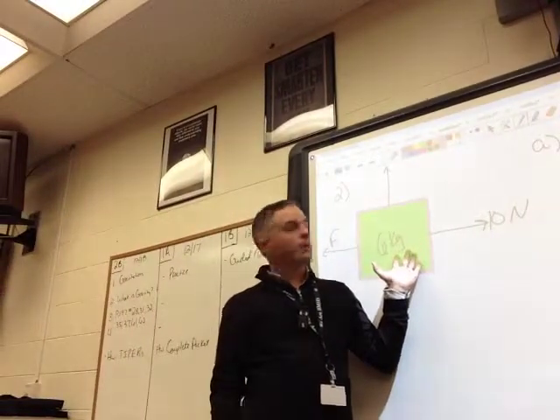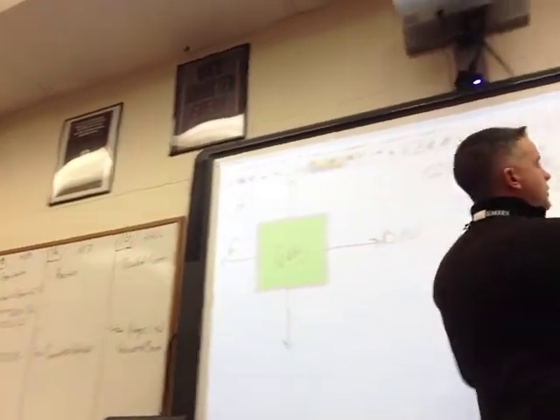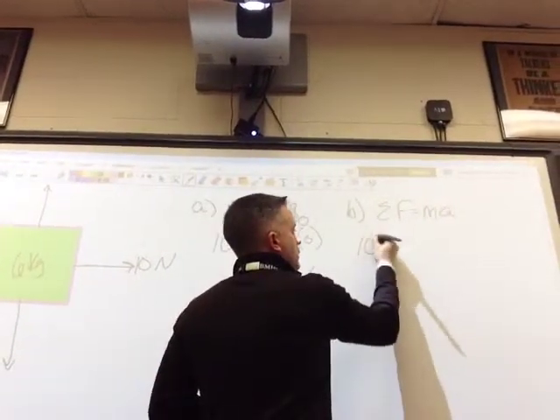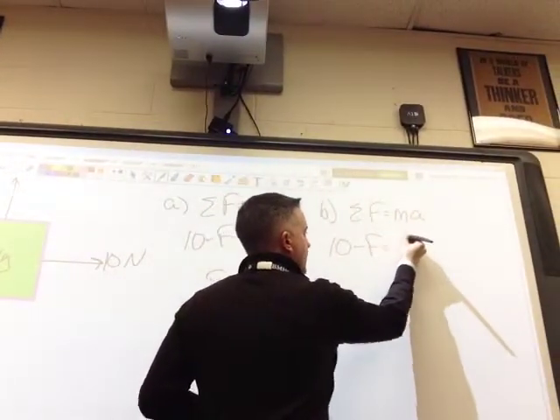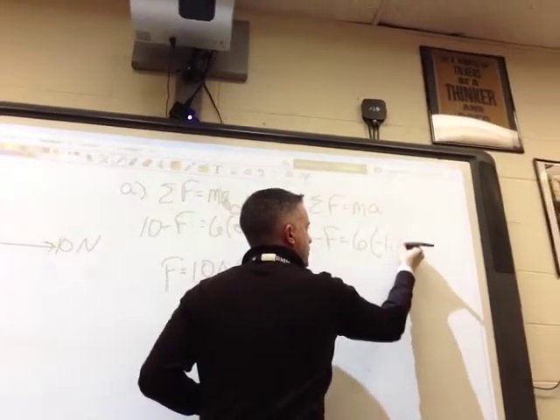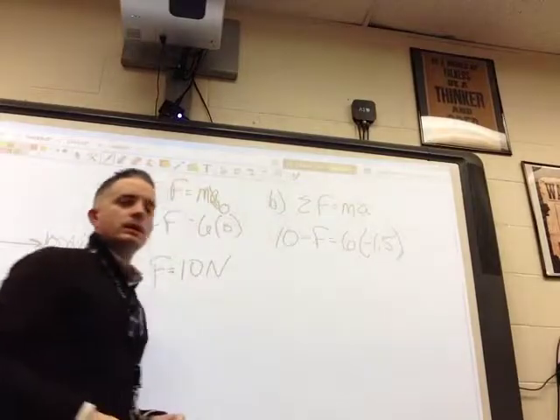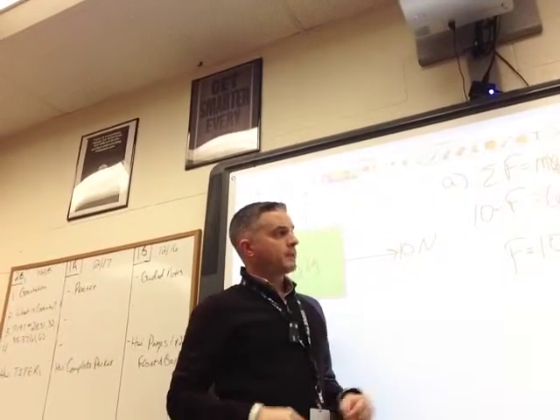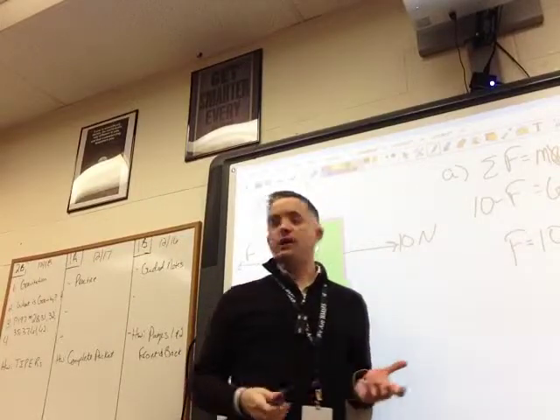So again, all we're doing is subtracting opposite directions from each other. So we have 10 minus F equals m, which is 6, times negative 1.5, our acceleration, because they give that to us. Now our job is to solve for F.